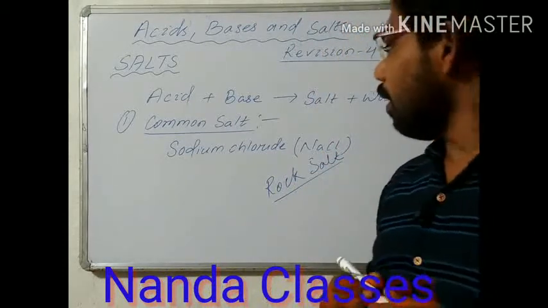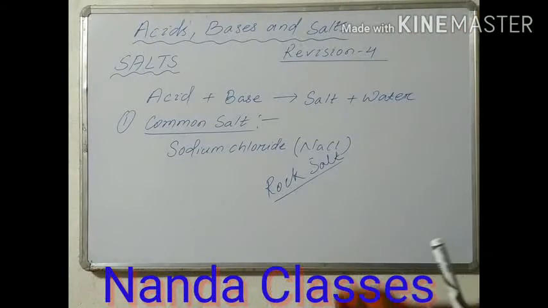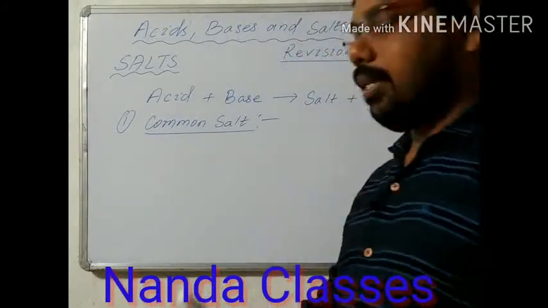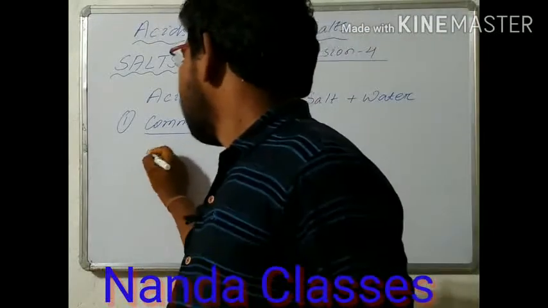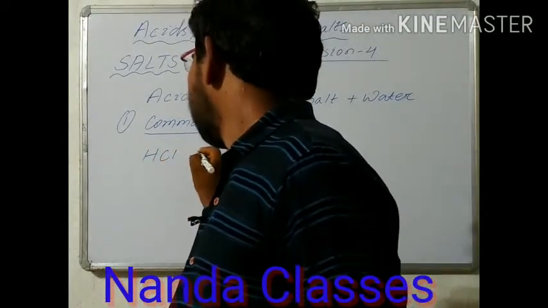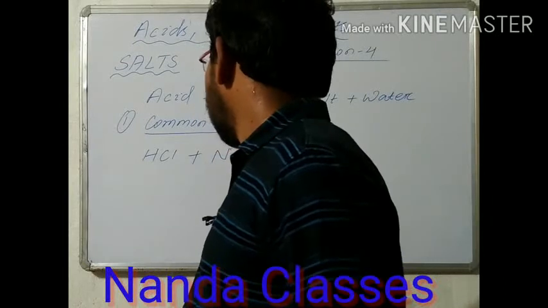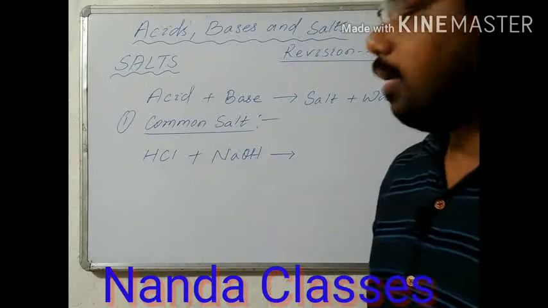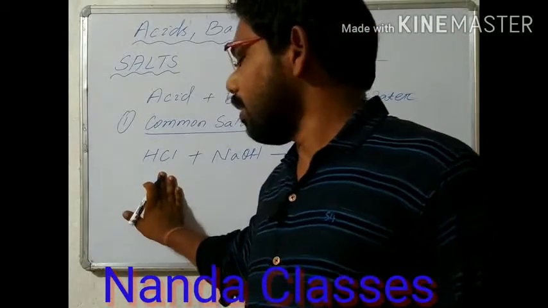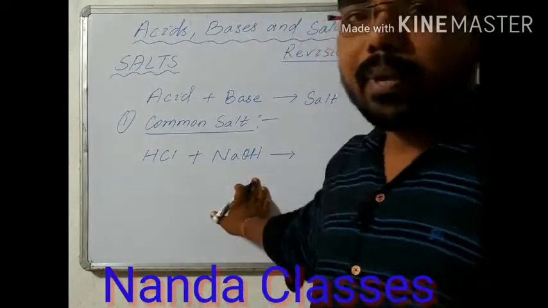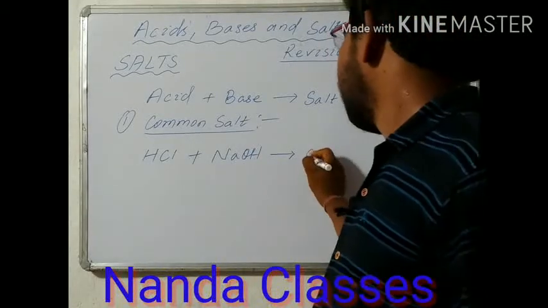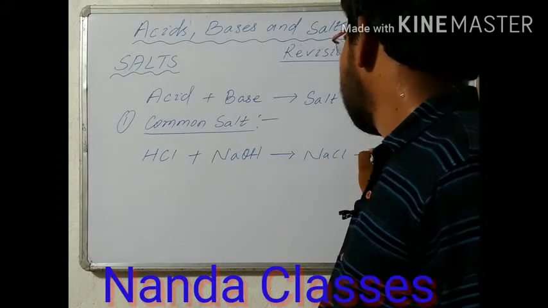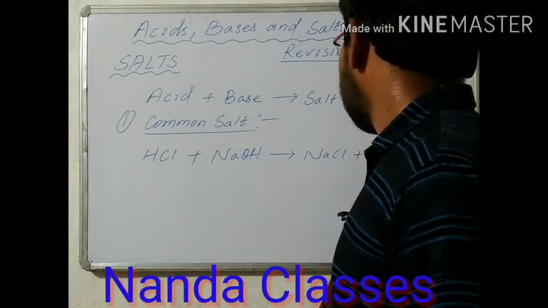This common salt is prepared by the reaction of acid and base. The acid HCl reacts with a base like NaOH. This salt is formed by the reaction between a strong acid, HCl, and a strong base, NaOH, to form the salt NaCl plus water.